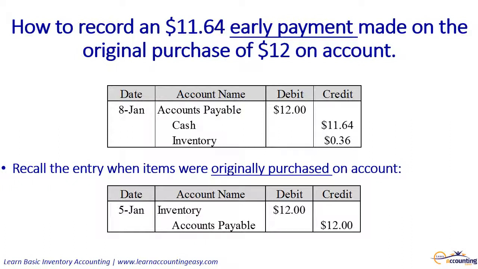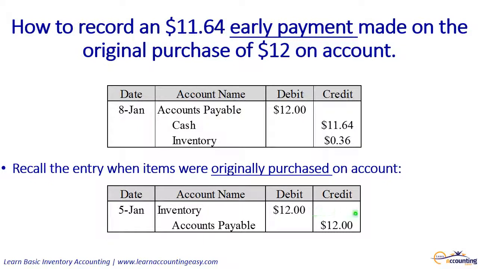And at the bottom, we can remember that original entry that we made when we purchased the items on account. We debited inventory $12 and we credited accounts payable $12. So at the time, we weren't sure if we were going to pay within the 10 days or if we were going to wait 30 days. So we had inventory at 12.